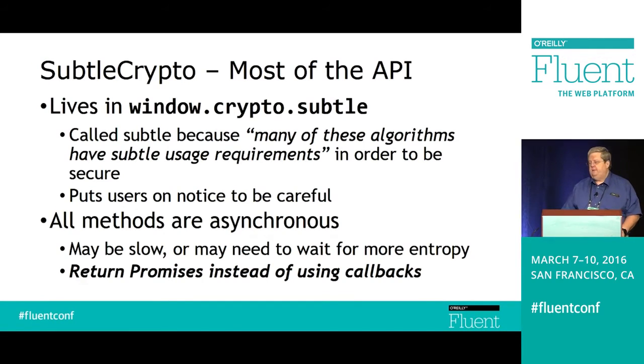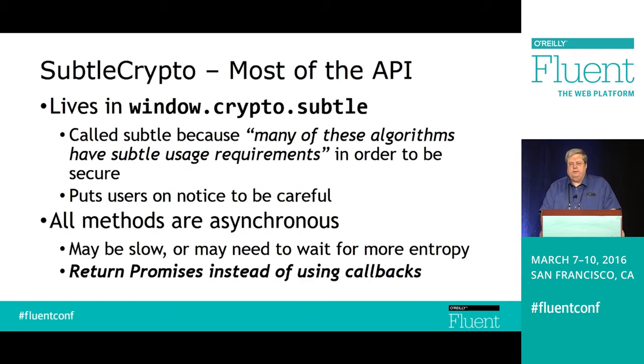All of the methods in subtle crypto are asynchronous. They all might take a long time to operate. They all might have to wait for more entropy to operate. You invoke them, and they come back to you right away, but they haven't necessarily finished the job. Traditionally, I would expect to give it a callback and say, when you're ready, call this function.